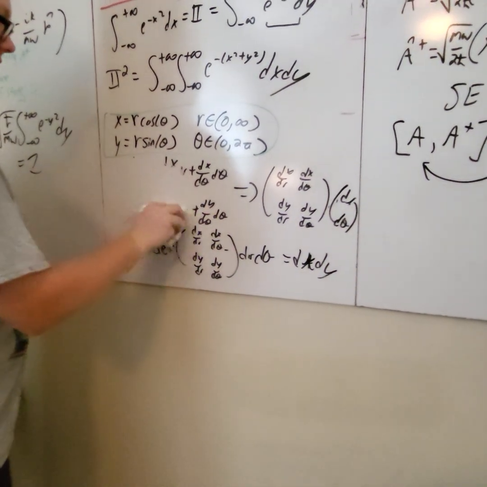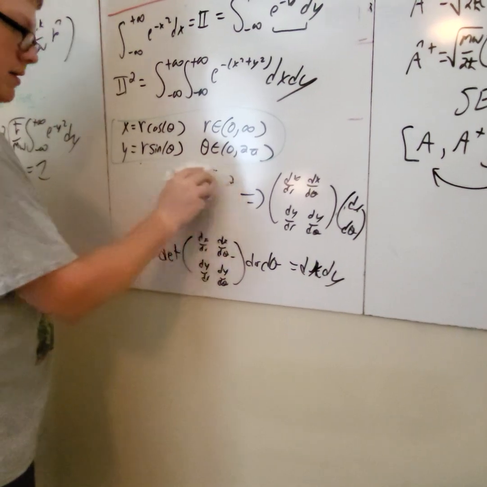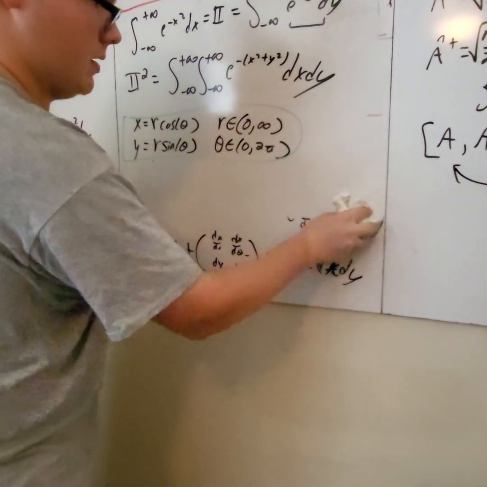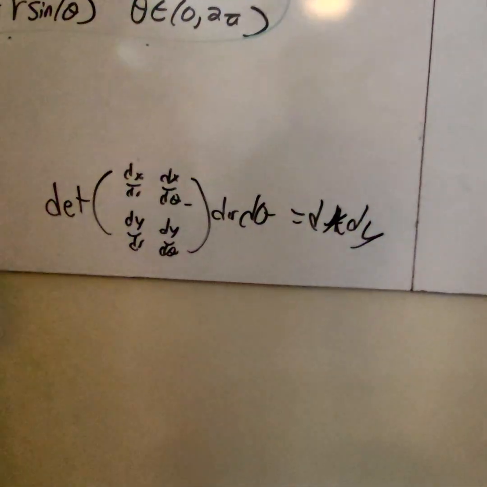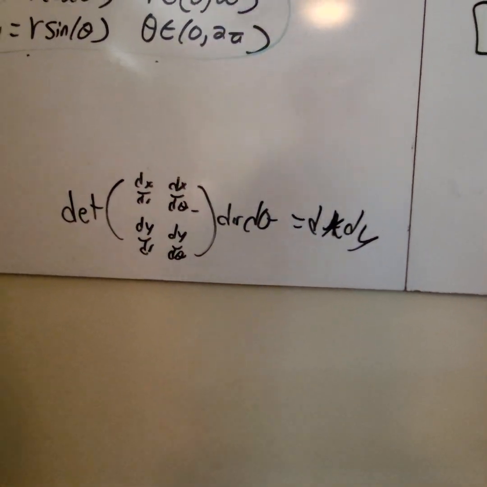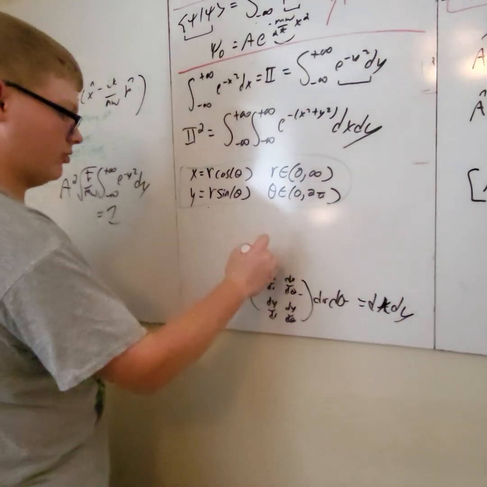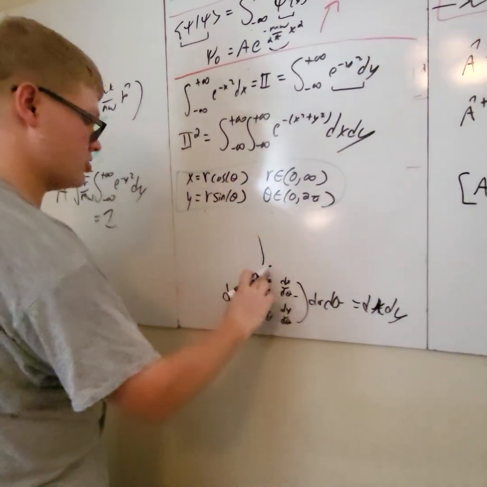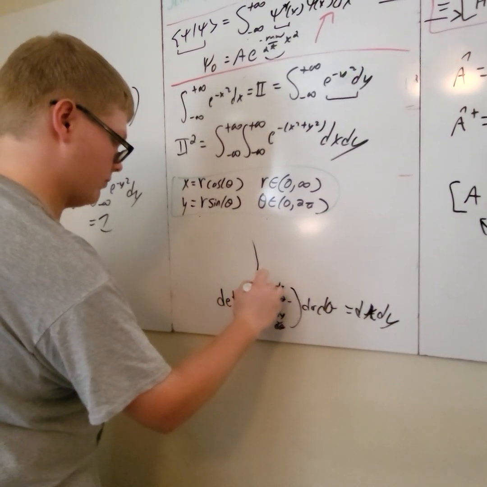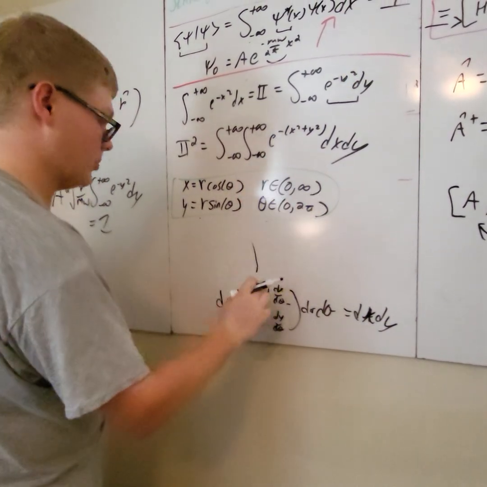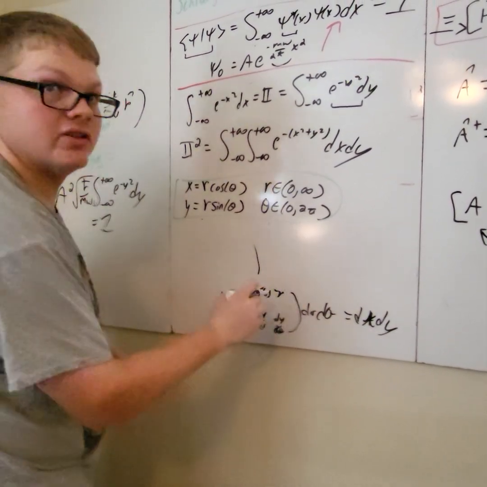And in our case, the derivative of x with respect to r is just cosine of theta. Derivative of x with respect to theta is just negative r sine theta. Can you see this all right?